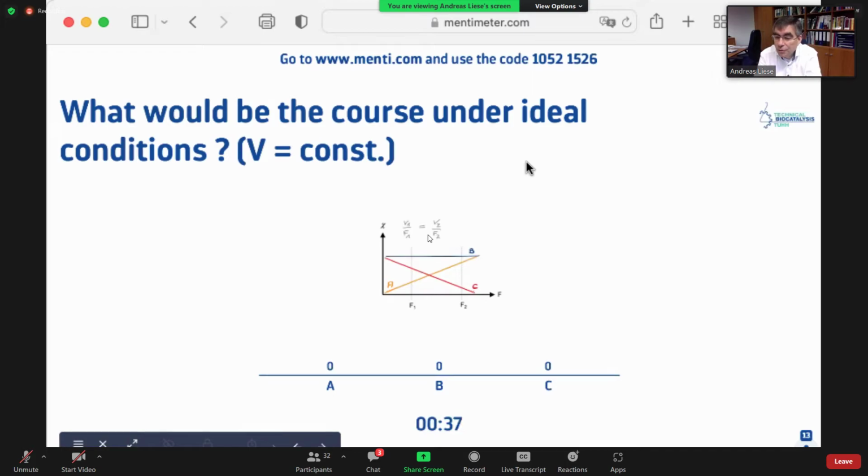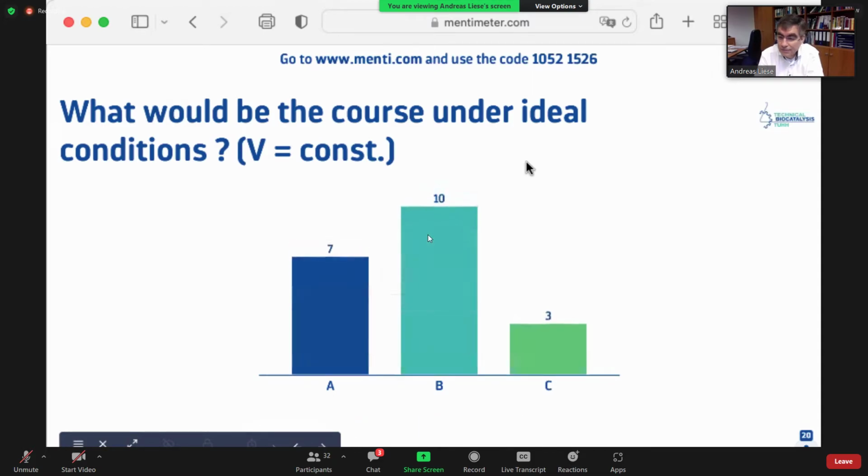What would be the course you're expecting in this plot? Will this be A, from 0 increasing the conversion with higher flux, or will it be B, no change at all, or will it be C, decreasing under ideal conditions? So no negative effect under ideal conditions.